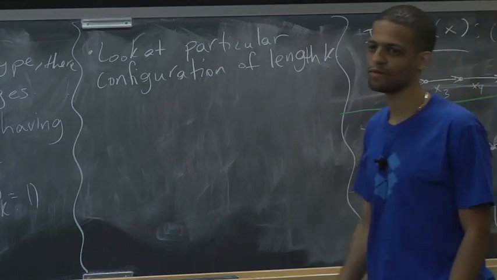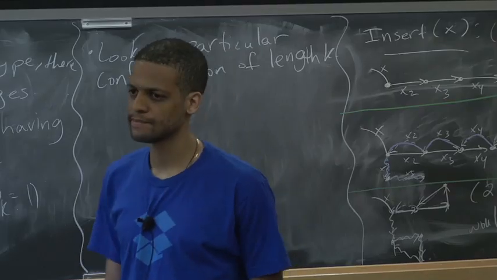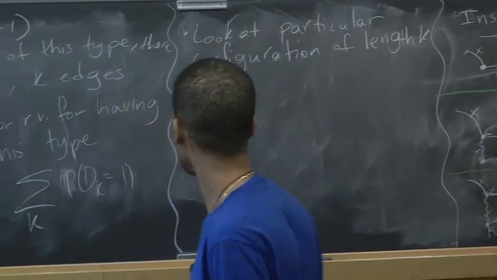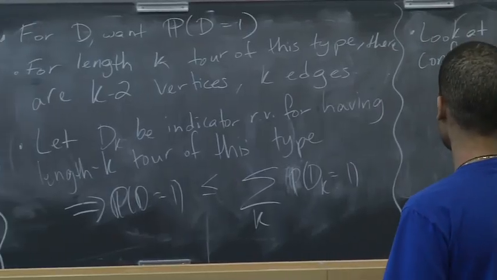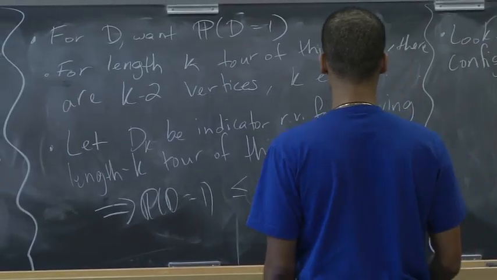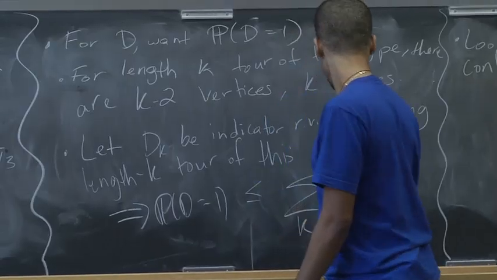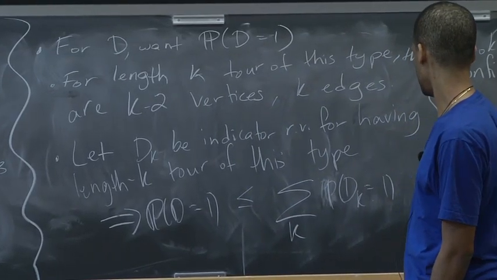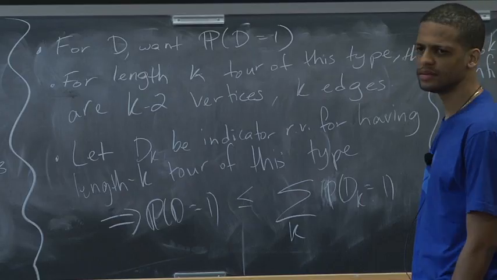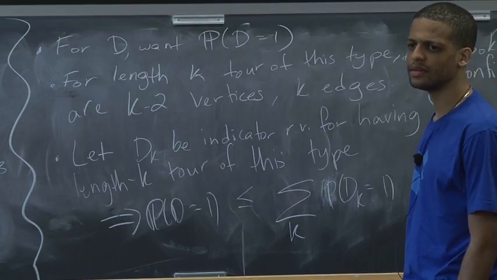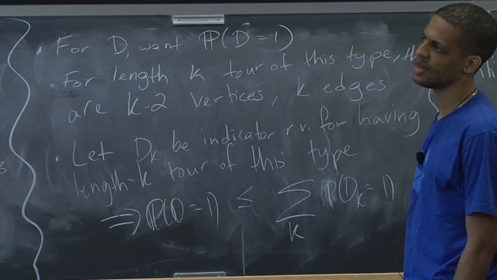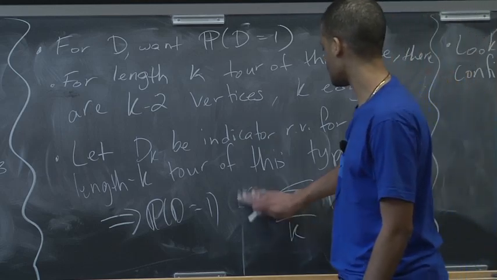Yeah. So there you said the probability that D equals 1 is less than or equal to that sum. But wouldn't the probability that D equals 1 have to be greater than any of the terms? Because those are indicators for subsets, for having just a length k tour of this type as opposed to any. Actually, now that I think about it, I think it's actually equality because I think these are disjoint events.